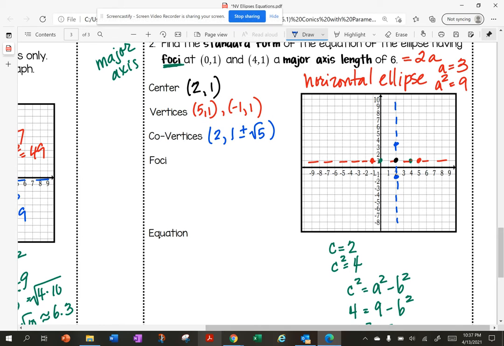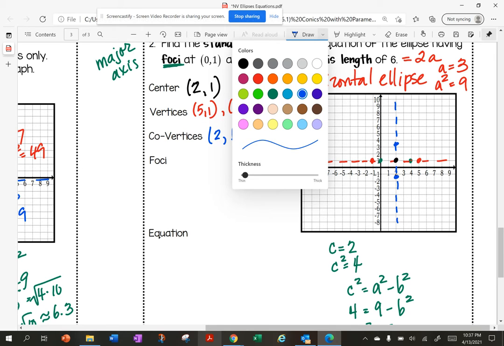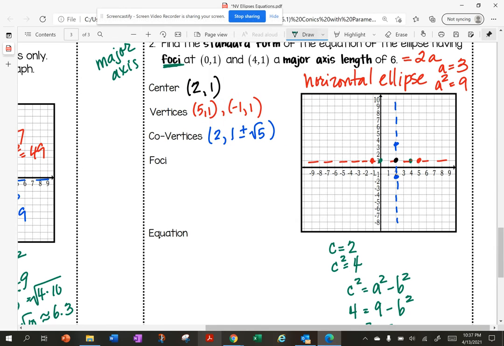The foci were given. So these were given. These were at 0, 1, and 4, 1.